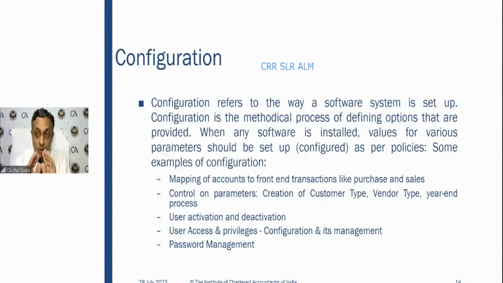Or all those who have money or get money, like the government gives scholarships to school students also. So they must have a bank account. Every individual who has any money transaction must have a bank account. So the keyword is financial inclusion.